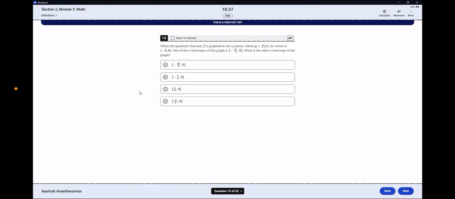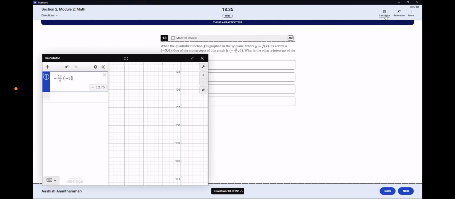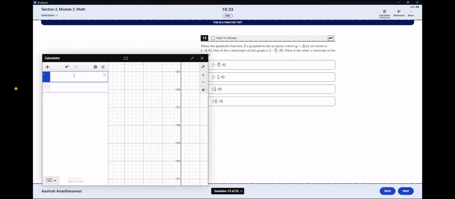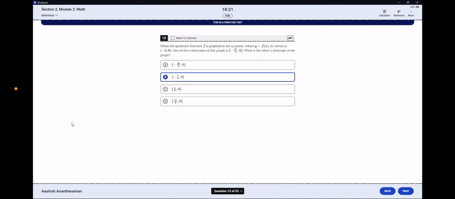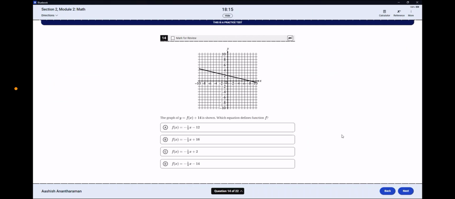So on the other side, you're going to have 5/4. So you're just going to be doing negative 3, negative 12/4 plus 5/4, which is negative 7/4. That's going to be the answer. Again, with the vertex and two x-intercepts, they're going to be the same x distance from the vertex. So that's our answer.